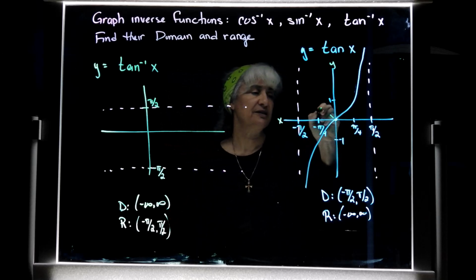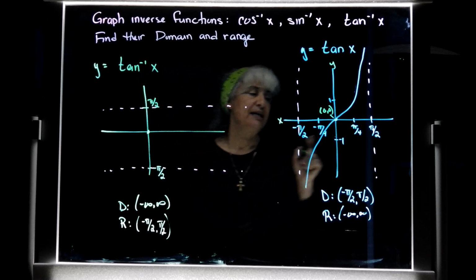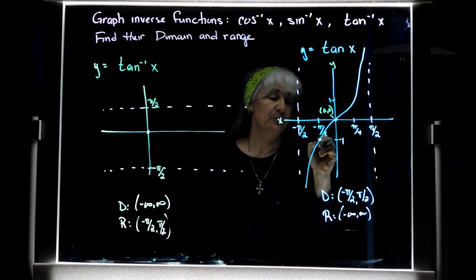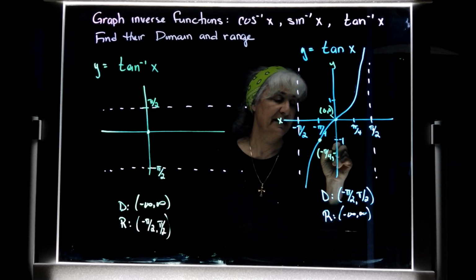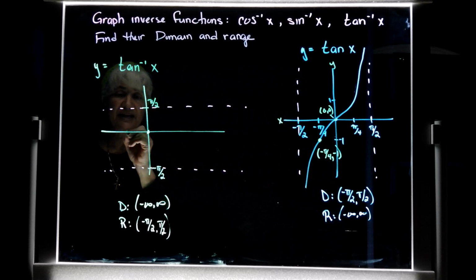This point was easy. This point was 0, 0. Well, there it still is. Nothing's changing. These other 2 points are what's going to be very helpful. This point was negative pi over 4, negative 1. Well, over here, it's going to be negative 1 and negative pi over 4, so it's going to be down here somewhere.